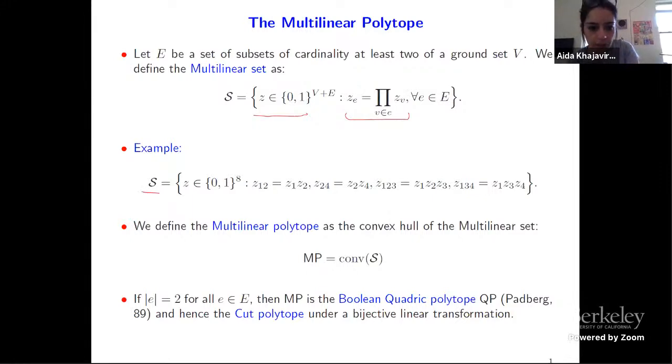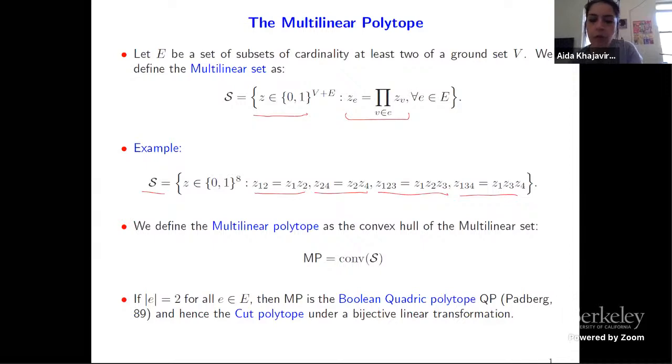Here I have a multilinear set with the equations z_12 = z_1 times z_2, z_24 = z_2 times z_4, z_123 = z_1 times z_2 times z_3, and z_134 = z_1 times z_3 times z_4. And these are binary variables. Then we let the multilinear polytope be the convex hull of a multilinear set.